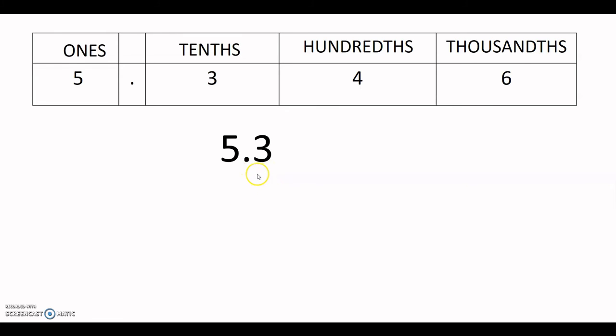The first time you see this number, you will say it is 5.3. But to properly read this decimal number, it is 5 and 3 tenths. The decimal point is read as and. The place value of 3 is tenths. So it is 5 and 3 tenths.